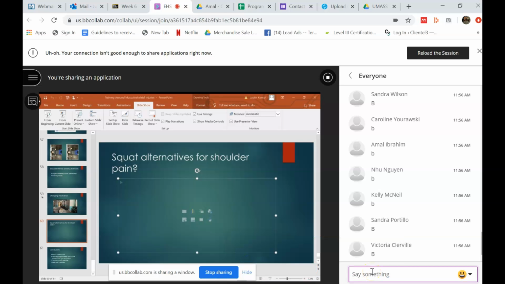Let's say we're going to still do a squat. So what are we going to still do? We're still doing a squat, so don't say something like a rear leg elevated squat. What squat alternative? What do we think?